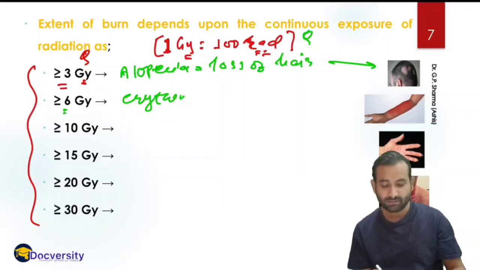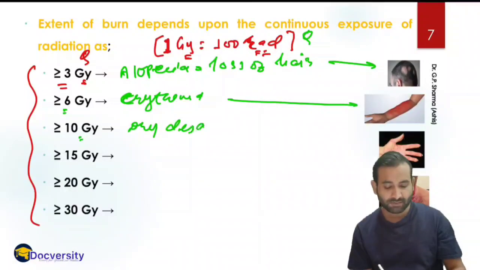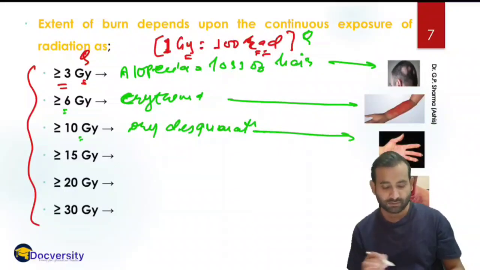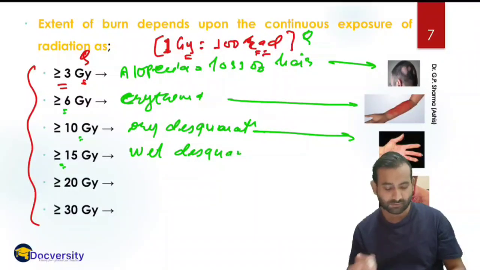Look here, you can see the erythema, the skin color changes. If you are exposed to more than 10 gray, it produces dry desquamation. Dry desquamation means you can see the exfoliation of the skin, no discharge. And if you are exposed to more than 15 gray, it produces wet desquamation. Wet desquamation means you can see over here there is a discharge, there is edema production.